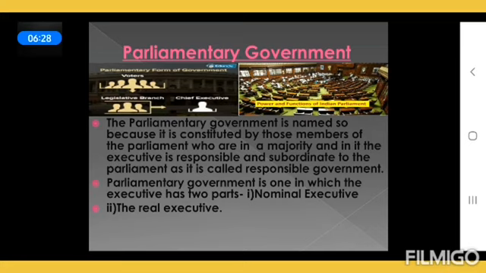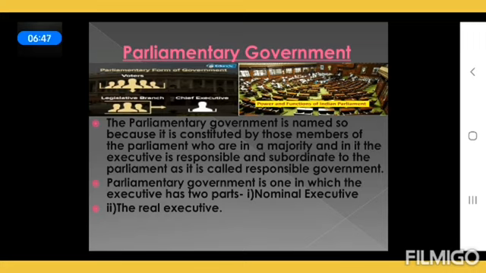Because in it, the executive, that is your ministers, are individually and collectively responsible for all their acts before whom? Before the parliament, that means before the legislature.